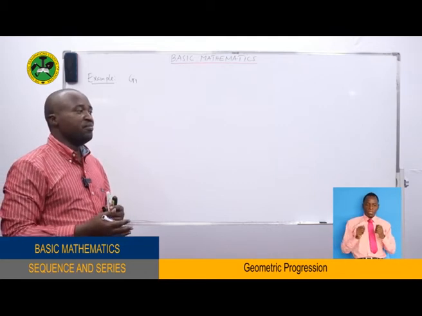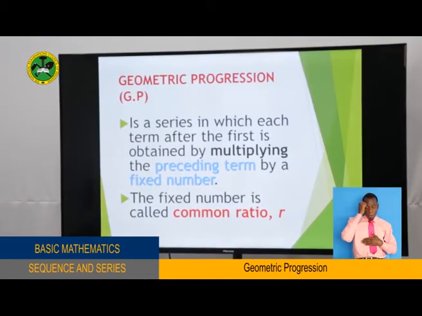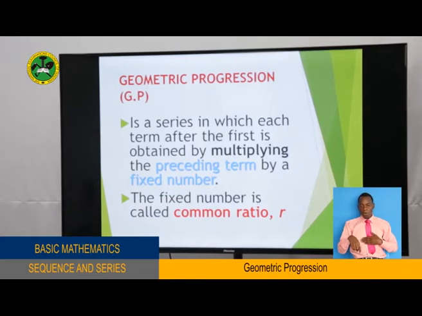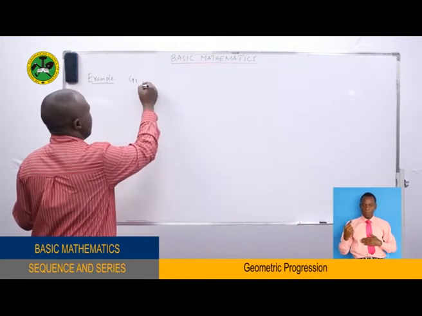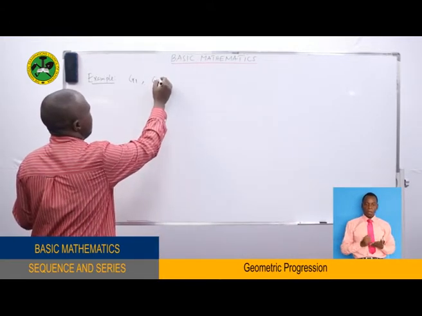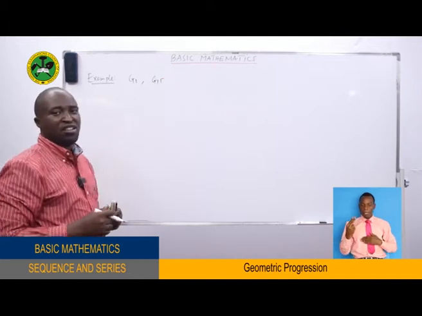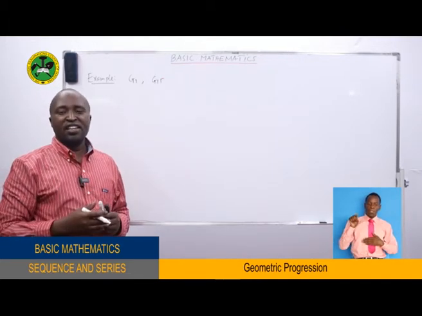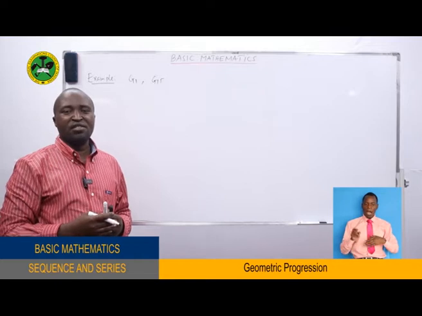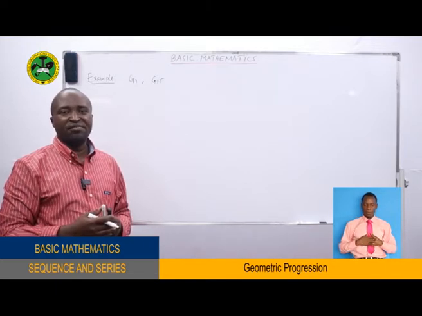Remember, there should be the fixed number multiplied to the first term. So to get the second term, we just take G1 times R. So G1R, that is our second term of the geometric progression.